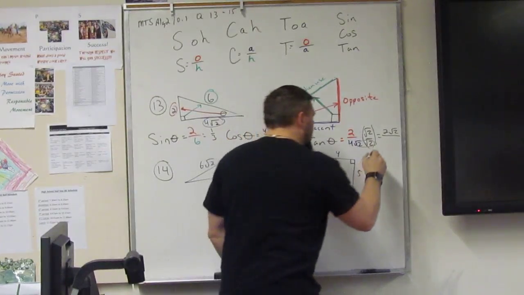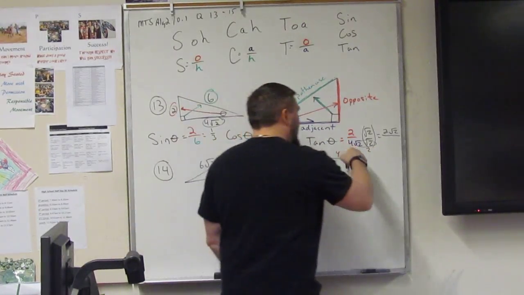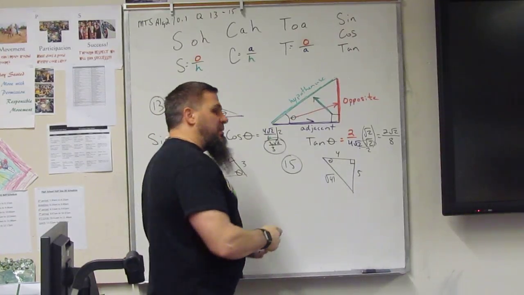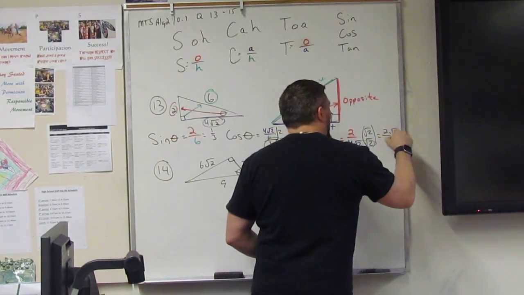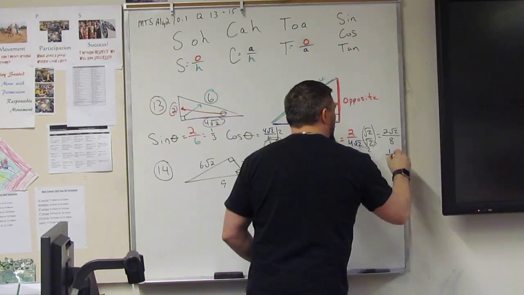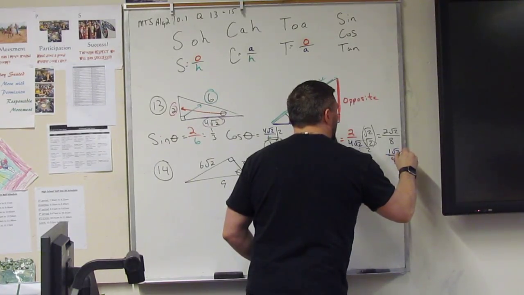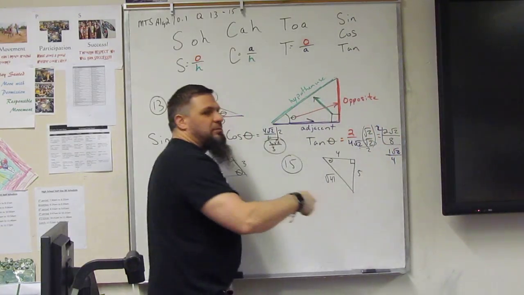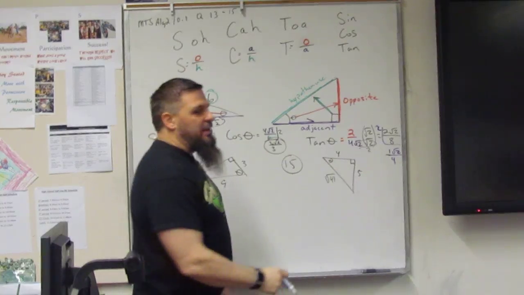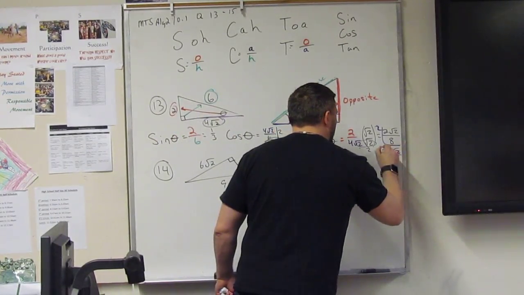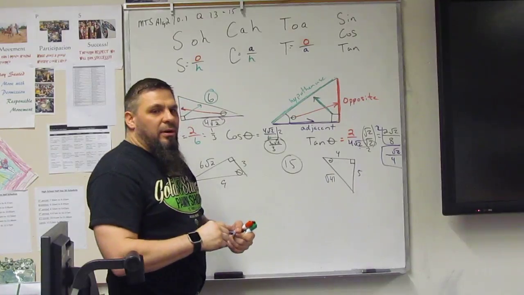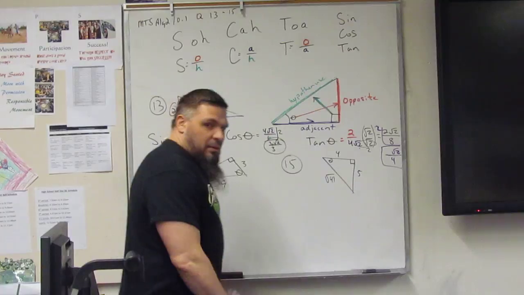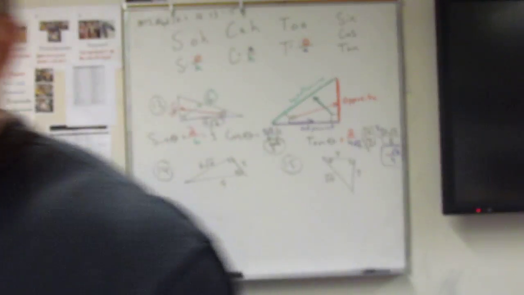So it's just 2. 2 times 4 is 8. And now I can reduce it. 2 goes into 2, 2 goes into 8, 1 and 4 times. You don't really need the 1, so you have square root of 2 over 4. And that is your tangent.